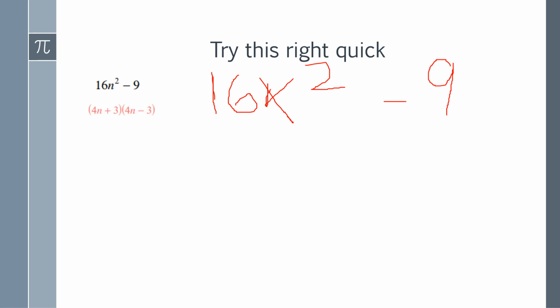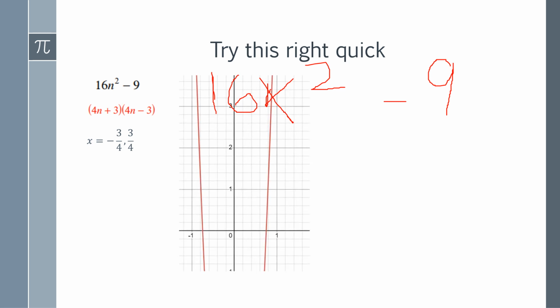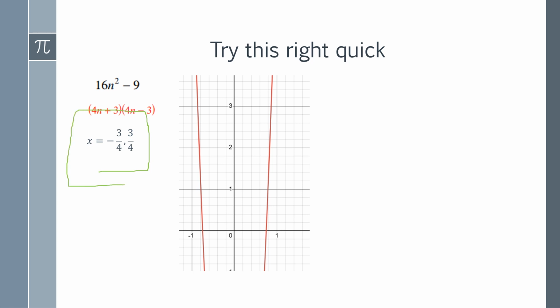When you try, you should have a graph that looks like this. And when you graph it and zoom in enough, your x-intercepts should be these two values, negative 3/4 and positive 3/4.